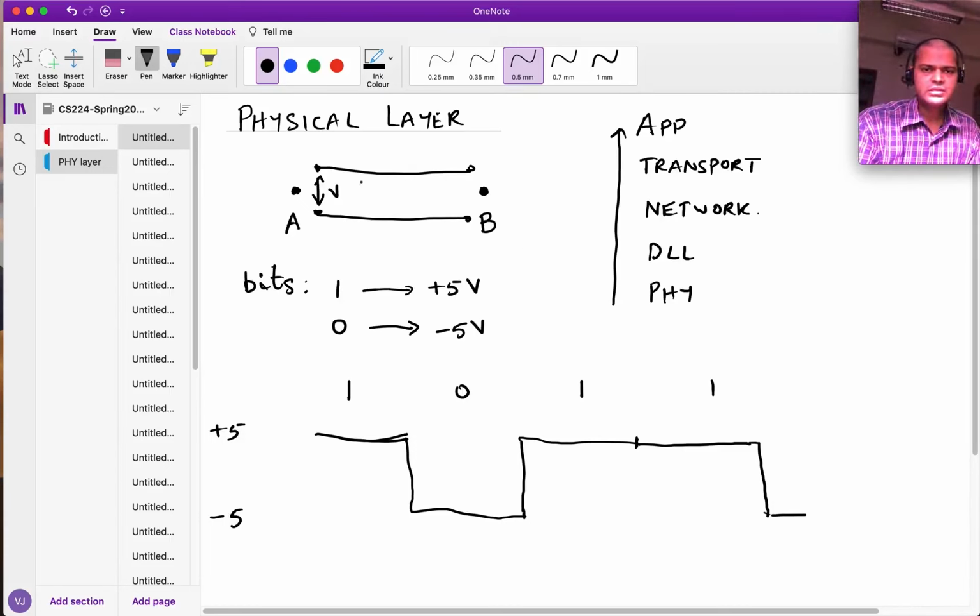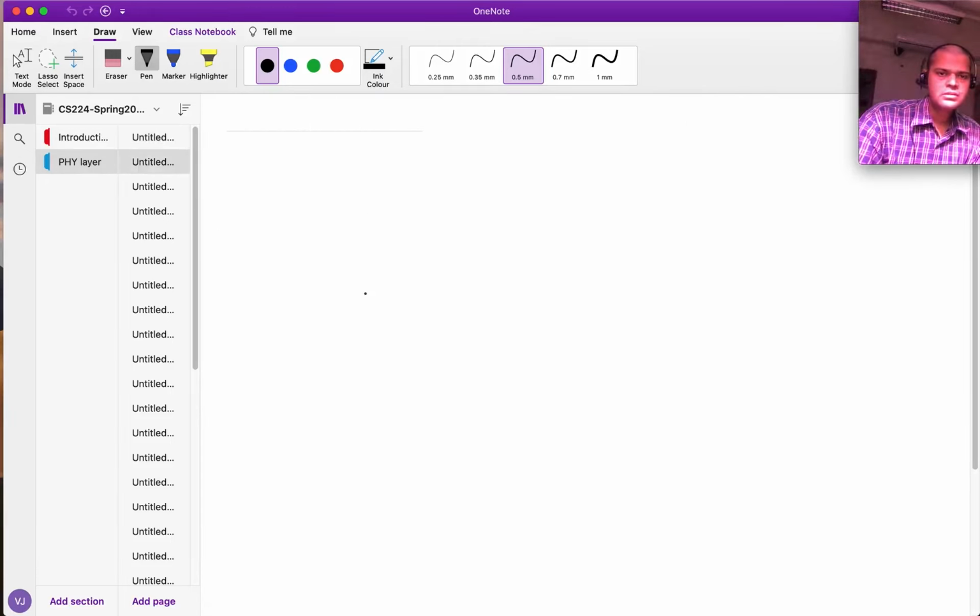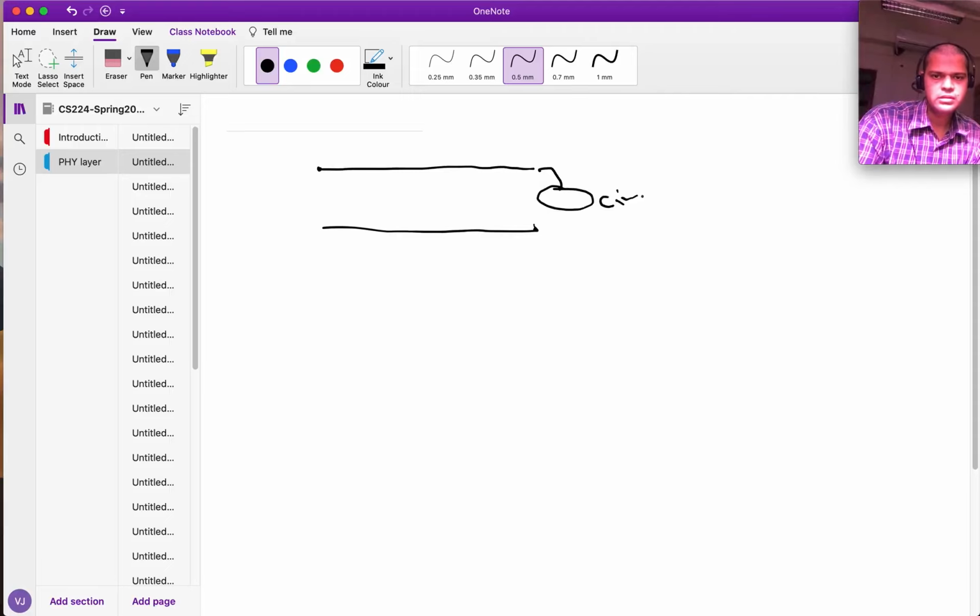So let's look at this particular scenario where we just have two wires going from A to B. What could possibly go wrong? Let's think about it. We have this circuit over here, some sort of a detection circuit.